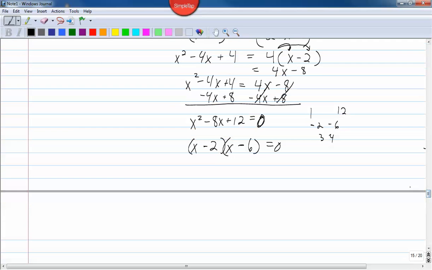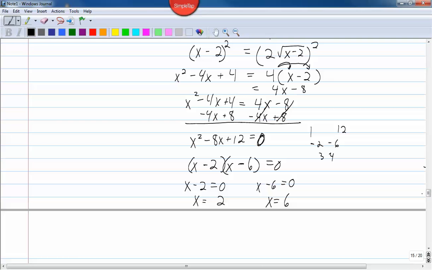So we're almost done. Now we set each factor equal to 0. And we solve. So x equals 2. x equals 6. So we're almost done, but we're not done because we have to check.